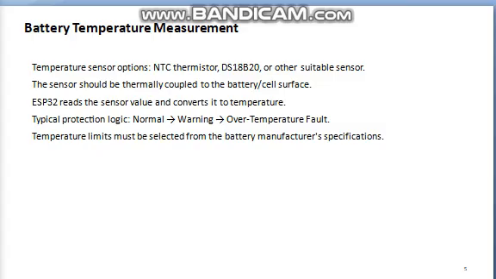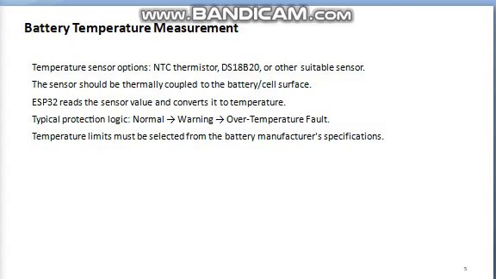For temperature measurement, as we told already, it is an IC. There is one more option. You can use NTC thermistors also, or some other ICs such as the DS18B20 or other ICs you can use for temperature sensor.